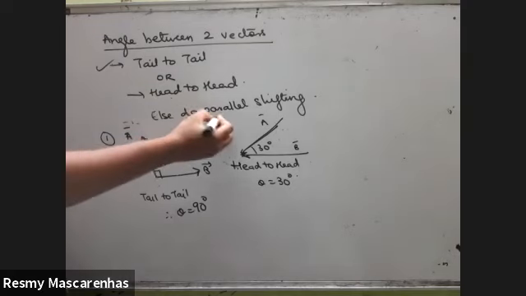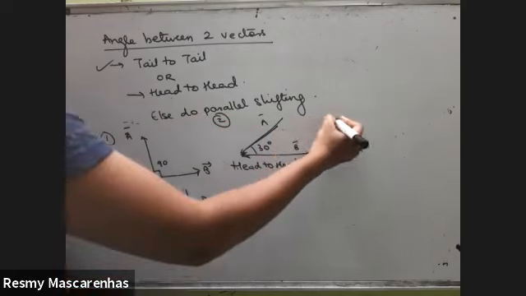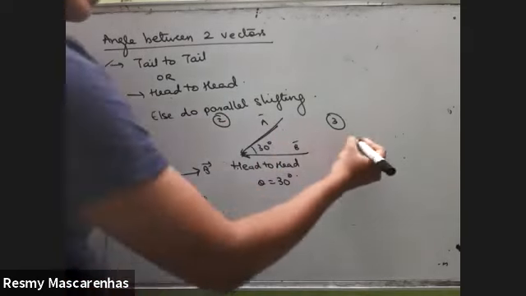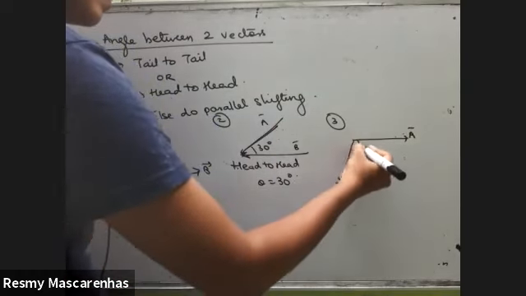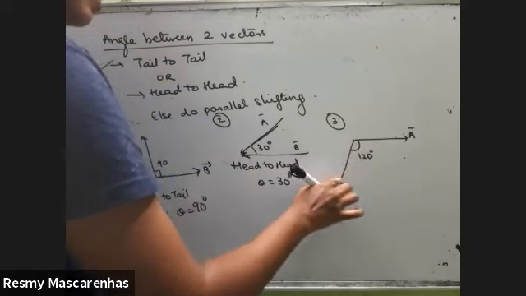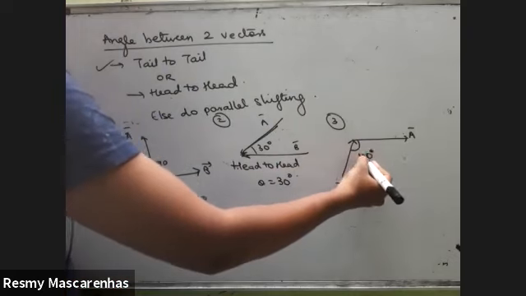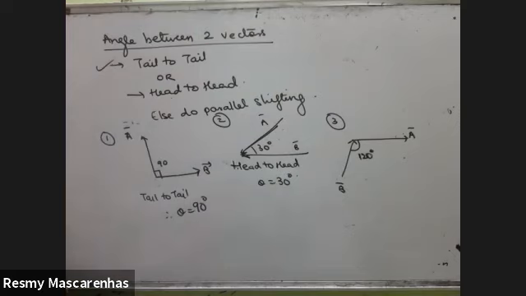Suppose you have a third case, and suppose this angle has been given. Now, can I say the angle is 120 degrees between A bar and B bar?